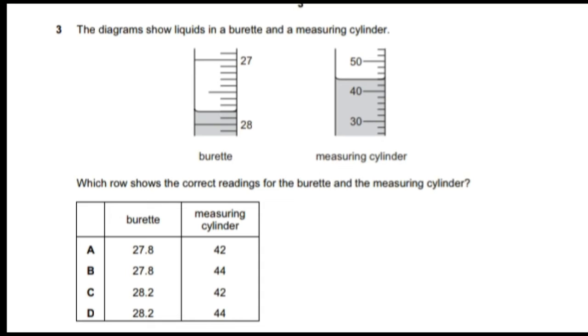Next one, measuring cylinder, the numbers are coming from bottom to up, 30, 40, 50. The reading goes 40, 42, 44, 46, 48, 50. So the correct reading is 44. So 27.8 and 44. The correct answer is B.